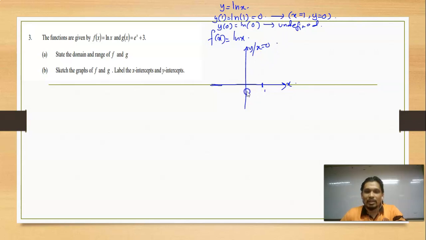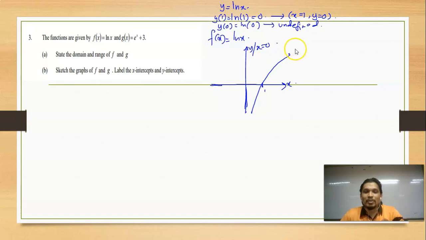The line x equal to 0 is what we call the vertical asymptote. A vertical asymptote is where the graph gets closer and closer, approaching the line, but won't touch or intersect the line at all. So in this case, it comes out something like this.